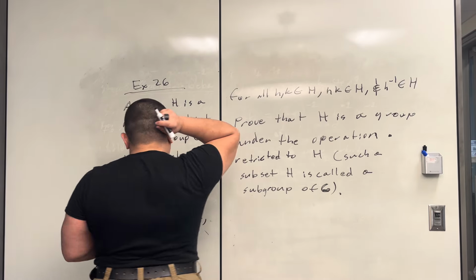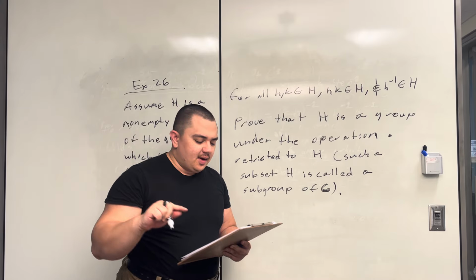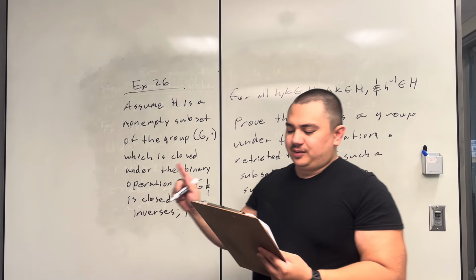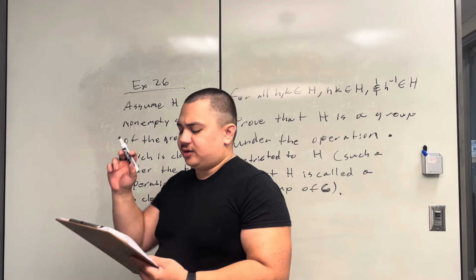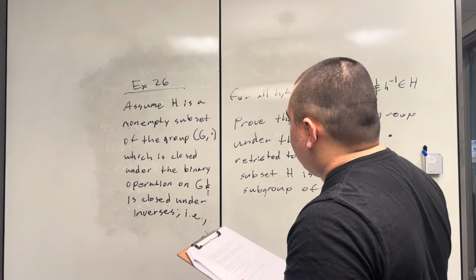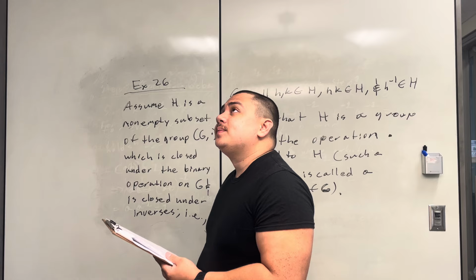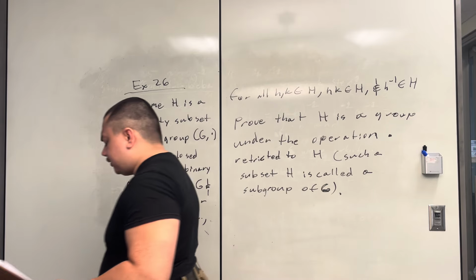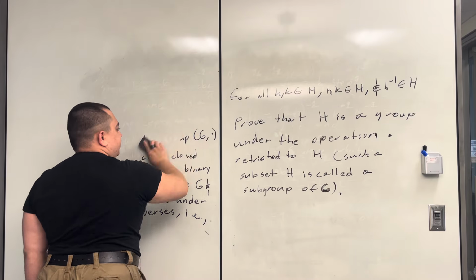Non-empty plus closed under inverses gives us an inverse within H, so A times A inverse, which is equal to the identity, is also within H, producing an identity inside H. So the given closure keeps all products in H, thus H inherits every group axiom, right? It's kind of the definition of the thing, but let's look at this more rigorously.